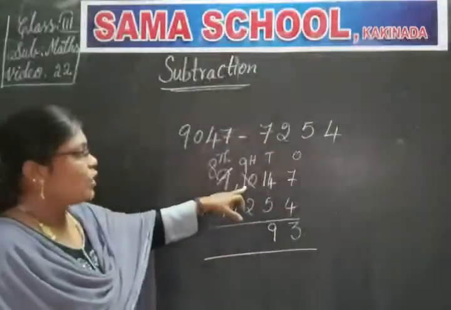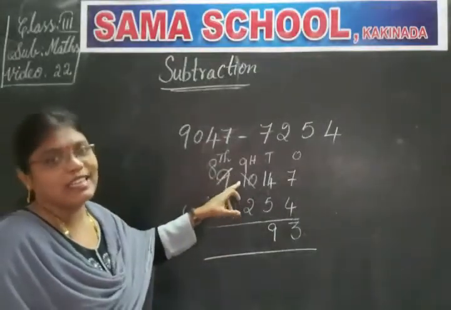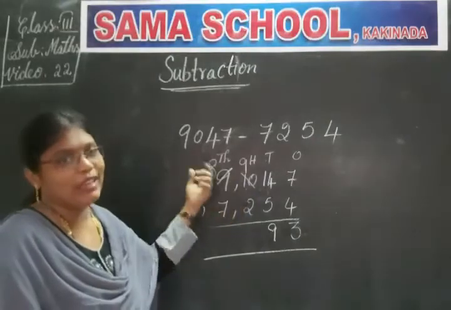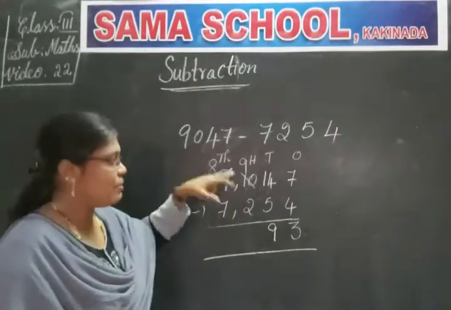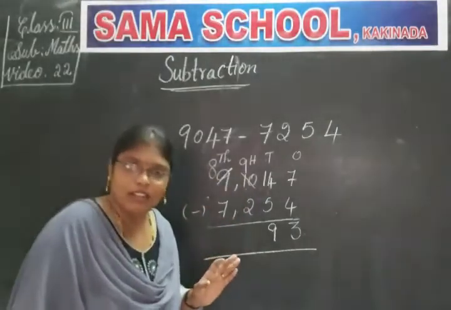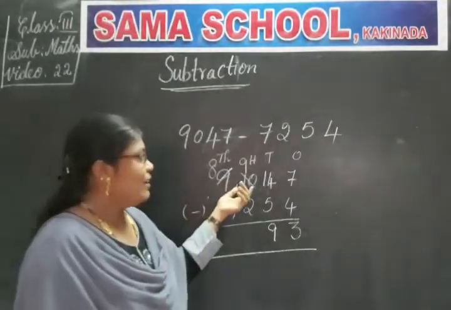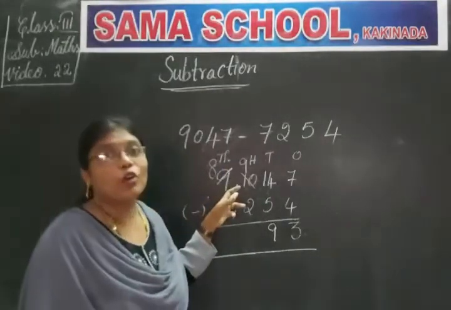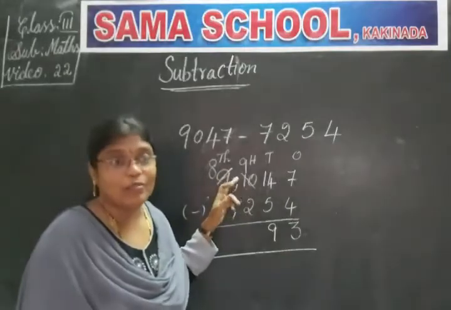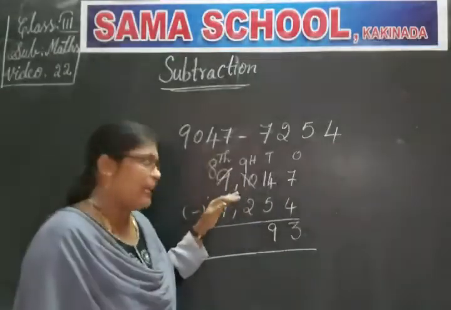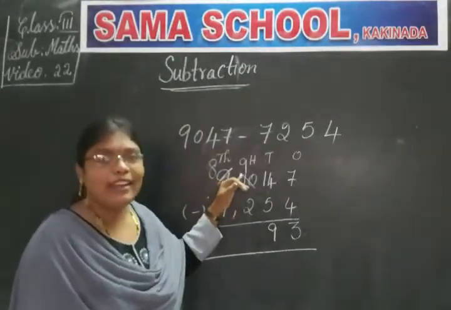Now here, what is the digit? Actually till now we had 0 and we borrowed 1 from thousands place and it became 10. Yes or no? See children. And again we have borrowed 1 from 10, and it became 9.